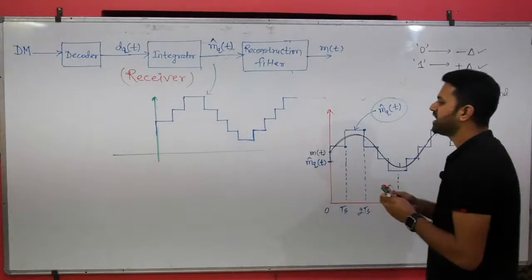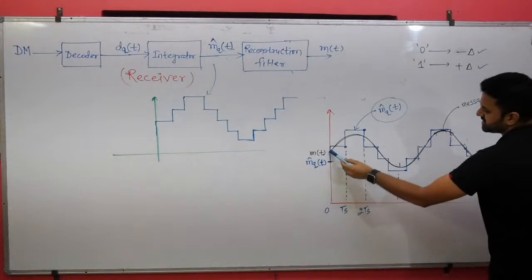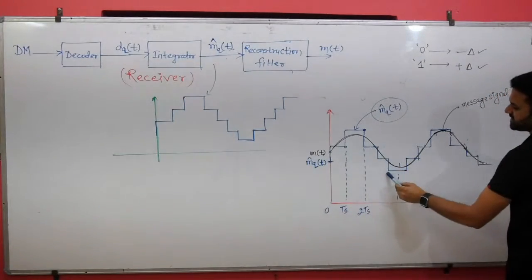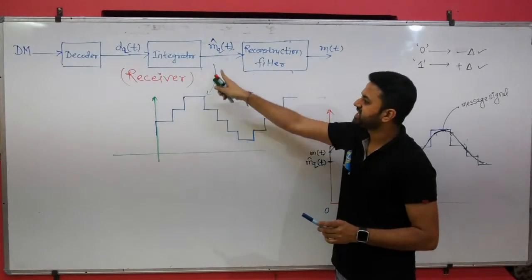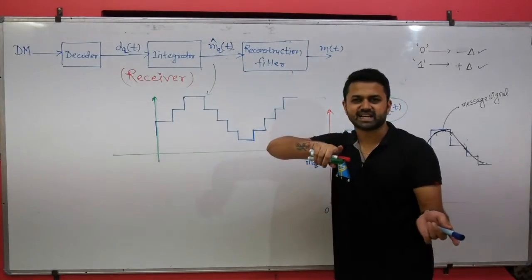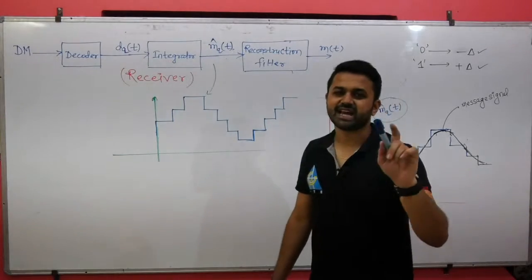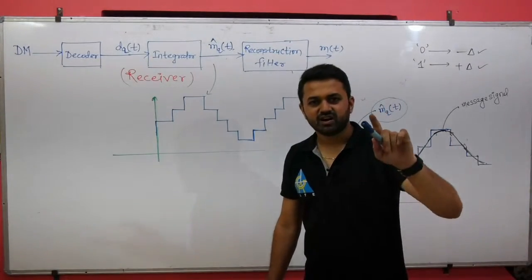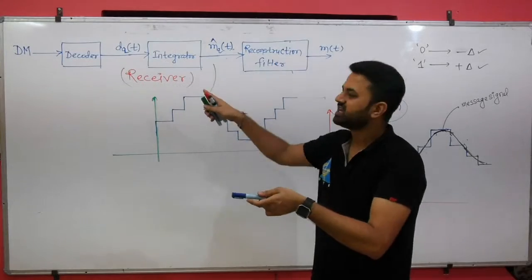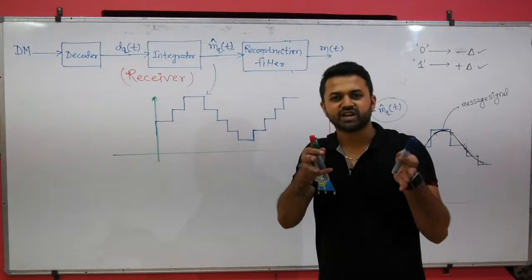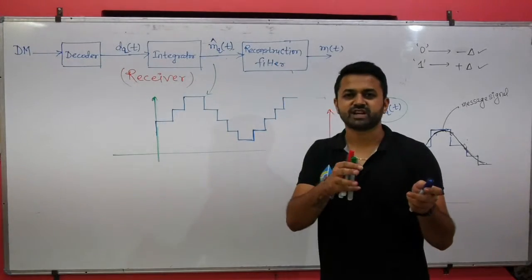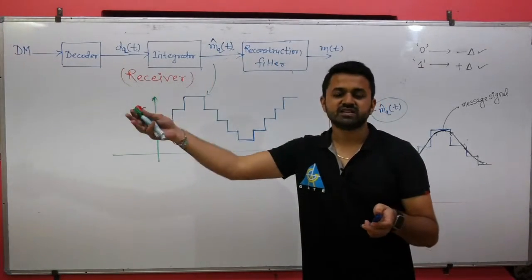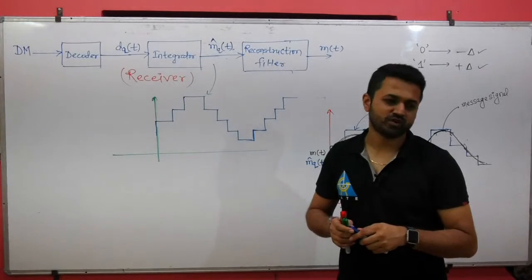So I have drawn the output of the integrator which we are getting at the transmitter. Whatever we get at the transmitter, we will get at the receiver, because the feedback path of the transmitter becomes the receiver of the delta modulation.